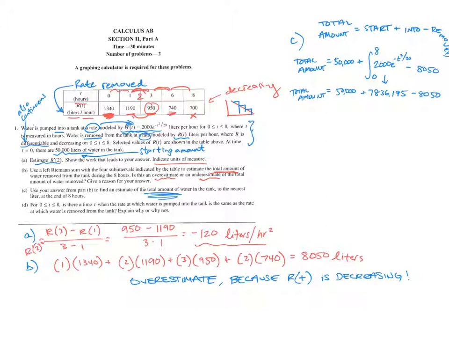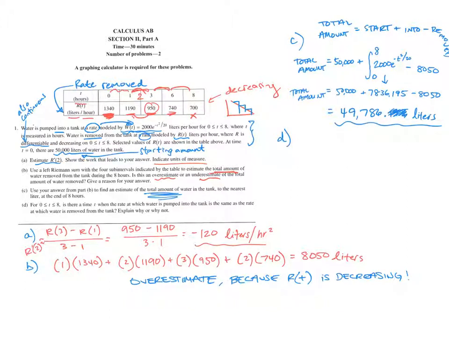Let's add all those together. It looks like all this adds up to 49,786.195 liters after the 8 hours. This is to the nearest liter, so I don't even need the decimals. Nice, so that is my final answer for C.